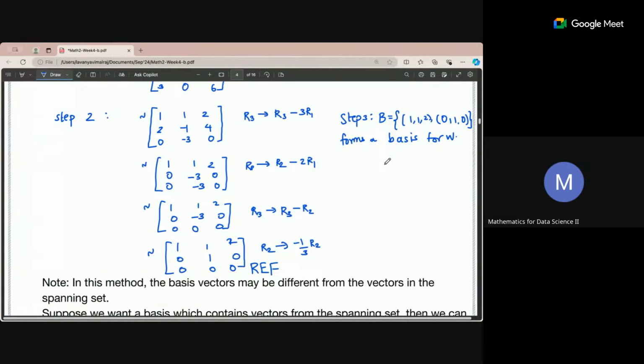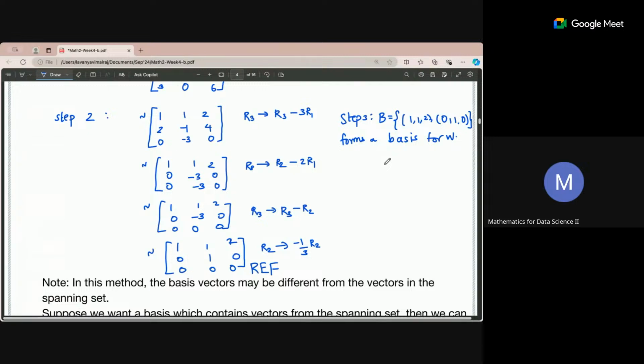RREF kind of gives you 1 0 0, 0 1 0, so you get all ones and zeros in most cases, but not in all cases. But that basis will be unique. When you consider an n by n matrix with all linearly independent rows, you will end up with the standard basis, but otherwise we cannot guarantee that.